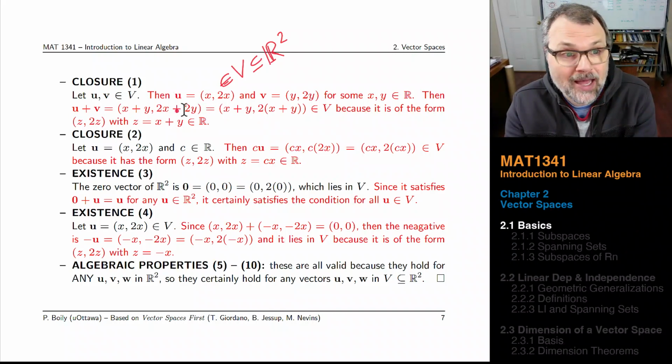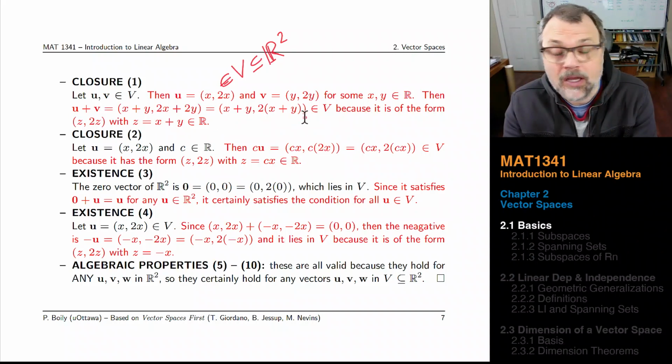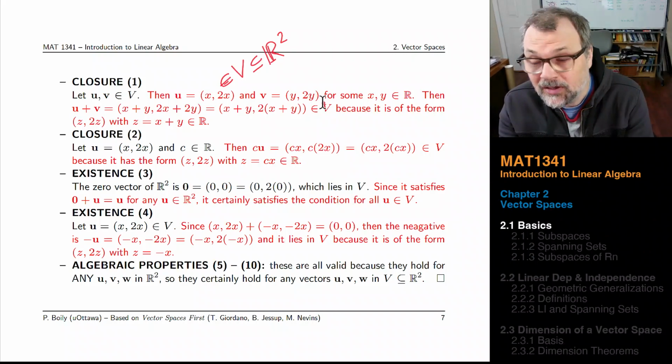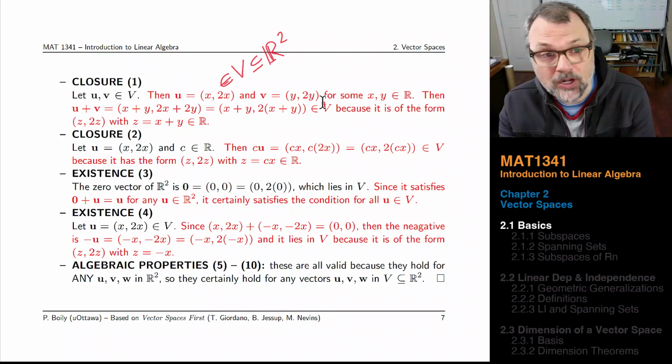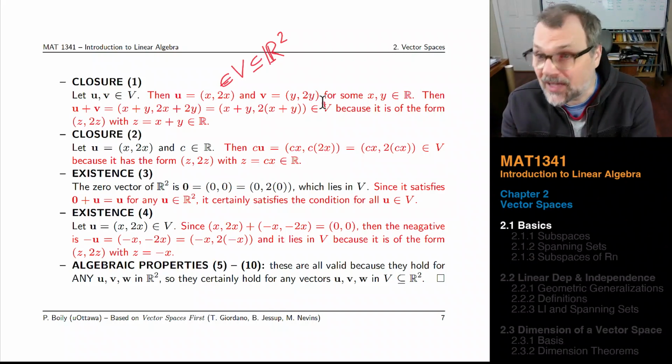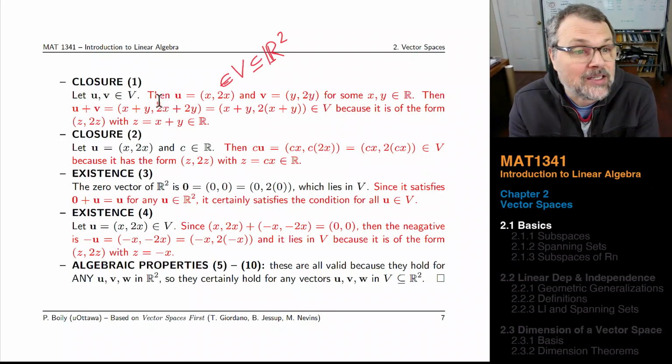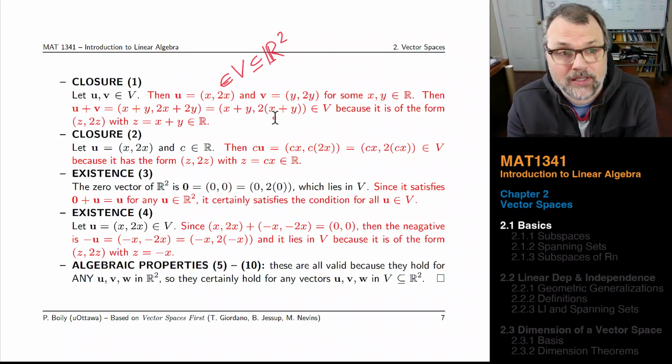Here we apply the definition of the sum, and then we do some simplification to see if we can rewrite the result in a form that makes it clear that it belongs to V or that it does not belong to V. The condition for this specific V will change from one space to another, but in this example, the condition is that the second component is twice as big as the first. And it turns out that I can take out a factor of 2 here, and I end up with x plus y for my first component, and my second component would be twice x plus y.